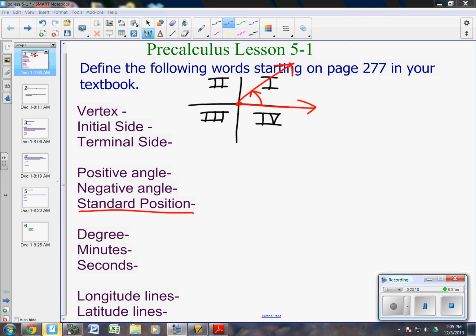Terminal means end, okay? Like the Terminator. Ends people's lives, I guess. I've never seen it. The terminal at an airport is where your life ends because you're getting on an airplane. No, I'm just kidding. The terminal is where the airport ends and you get on the airplane, right?